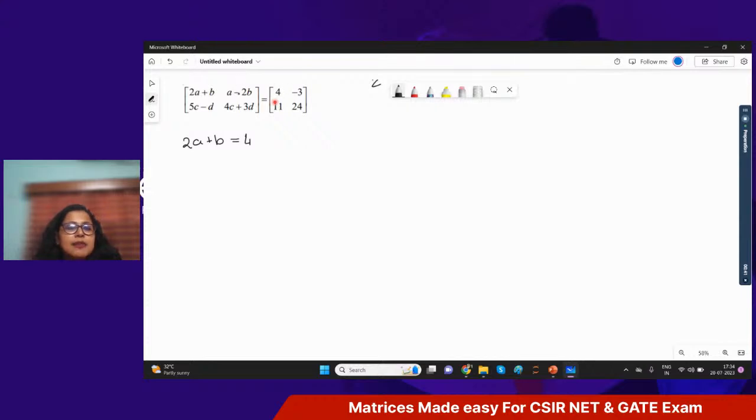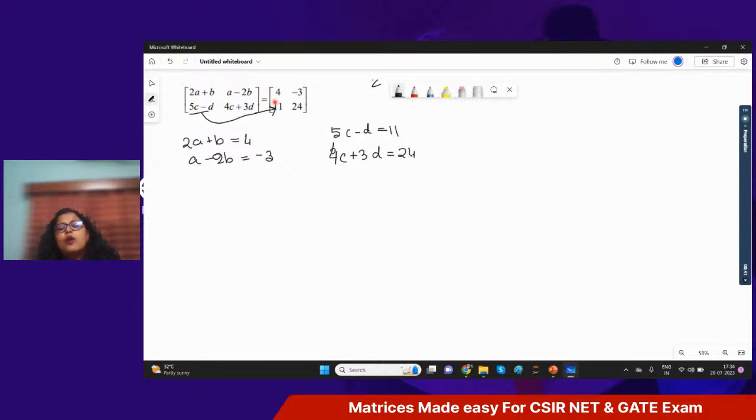Next, a minus 2b equals minus 3. Next, this element should be equal to this element, so we can write this equals 11. And the next equation we are getting is 4c plus 3d equals 24.